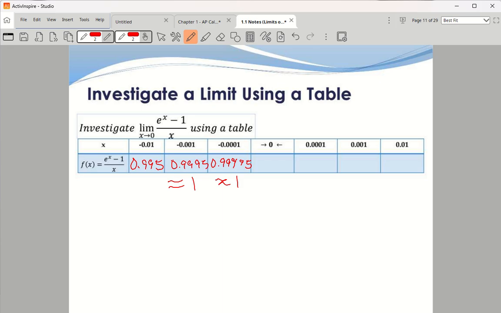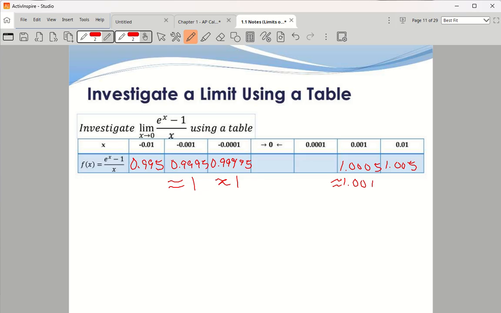What about all the way to the right? So this is from the left, this is from the right. 0.01? 1.005, right? Okay. Next one? 1.0005. So this would basically be 1.001, rounding to 3 decimal places.